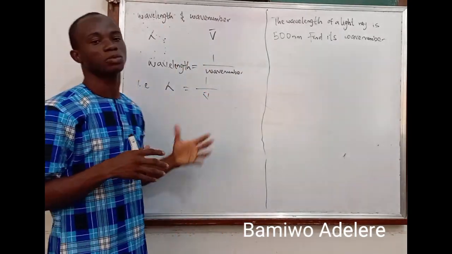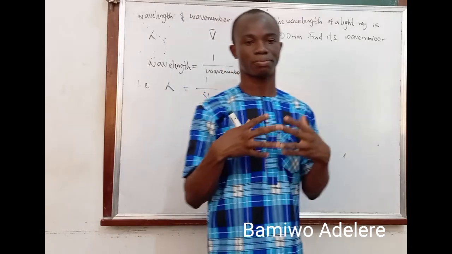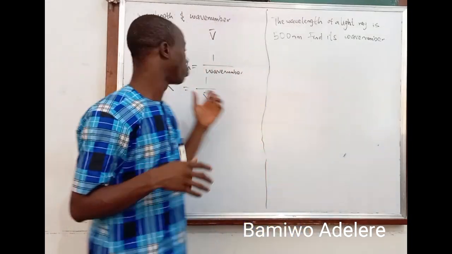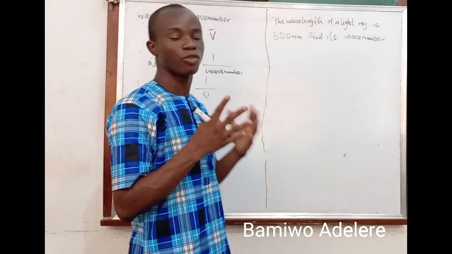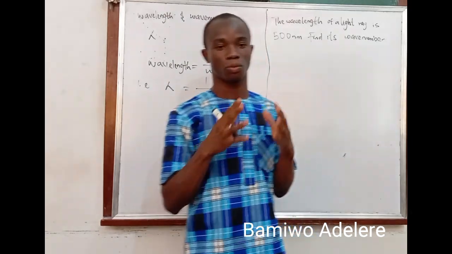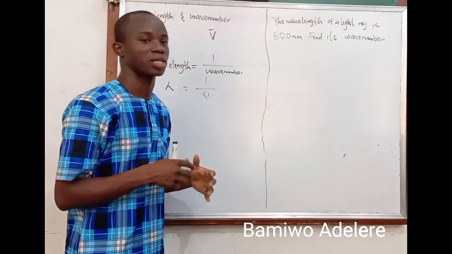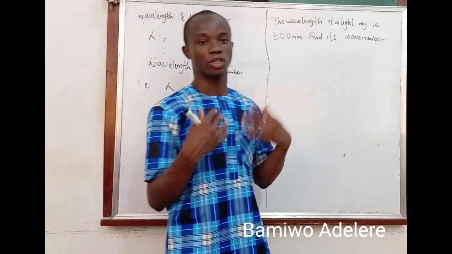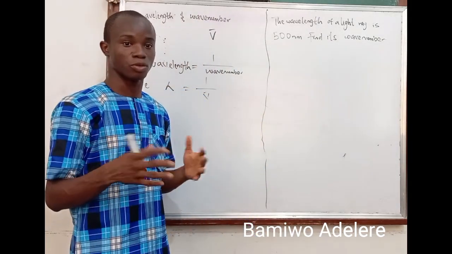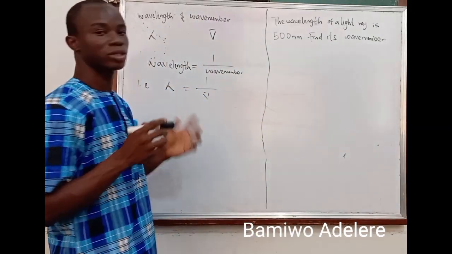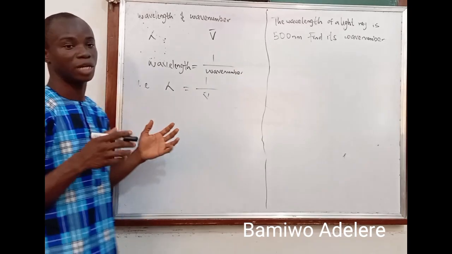At the same time, from this expression, we can also say that wavelength is inversely proportional to wave number, which implies that as one increases, the other decreases, and vice versa. Now, the next thing I also want to talk about is their units.